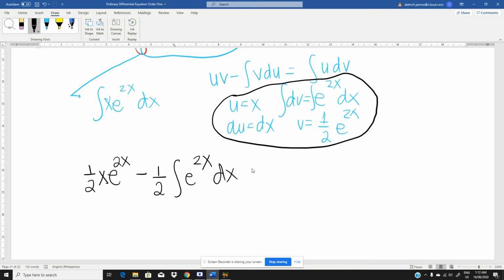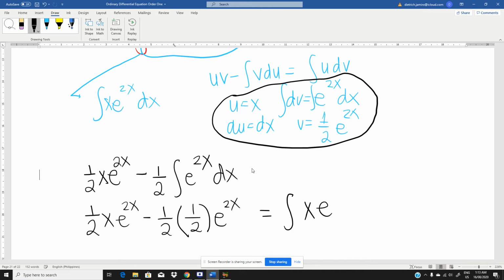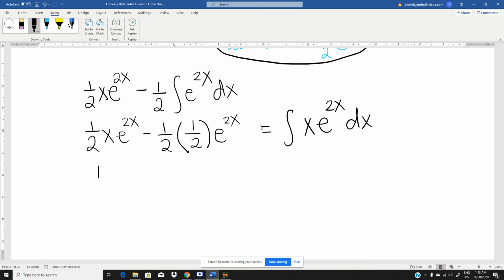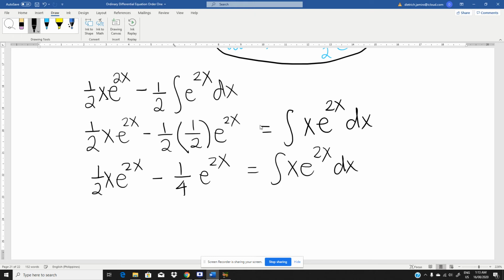Then integrating further, we will have 1 half x e raised to 2x minus 1 half multiplied by 1 half for the correction factor, then exponential of 2x. So that's going to be our integral for x e raised to 2x dx. Simplifying further, we will have 1 half x e raised to 2x minus 1/4 e raised to 2x, which is equivalent to the integral of x e raised to 2x dx.